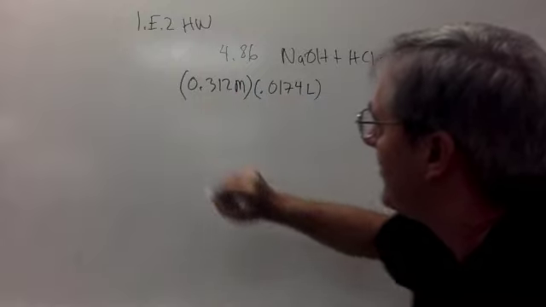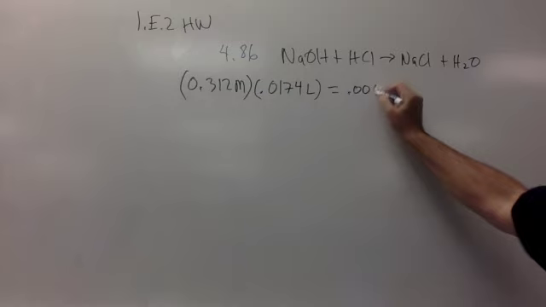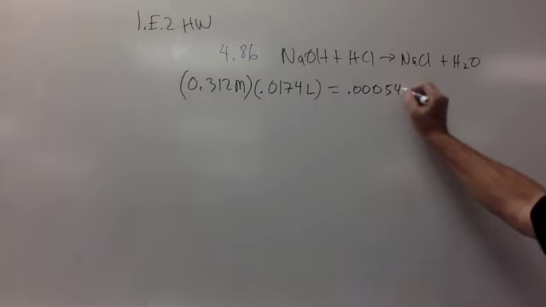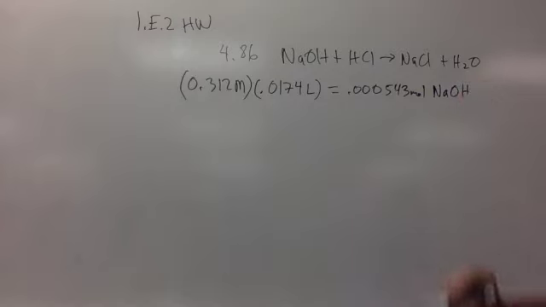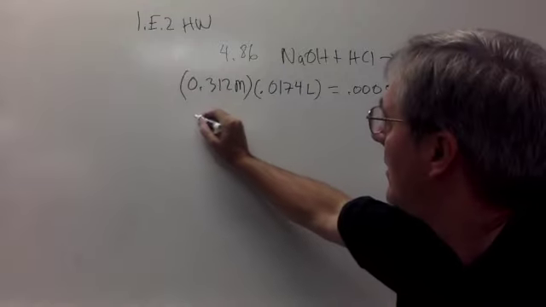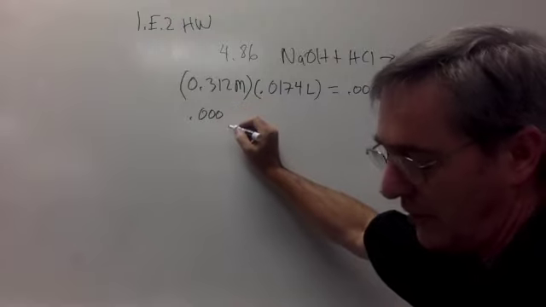So molarity times liters equals moles. 0.000543 moles of the titrant, NaOH, the standard solution, the one we know the molarity of. Using the mole ratio, 0.00.